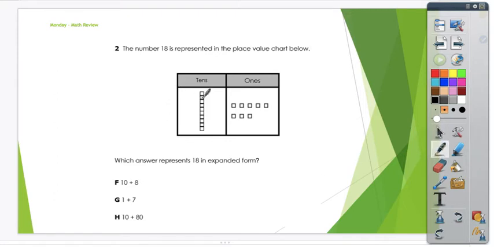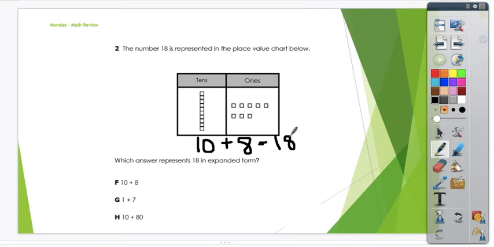All right, so what is the value of this block here? It is equal to 10. And what about our ones? 1, 2, 3, 4, 5, 6, 7, 8. All right, and there's our expanded form for 18.